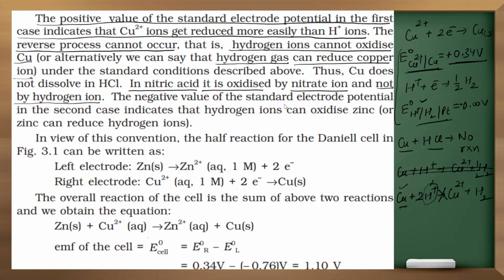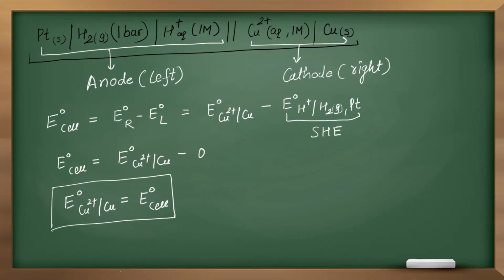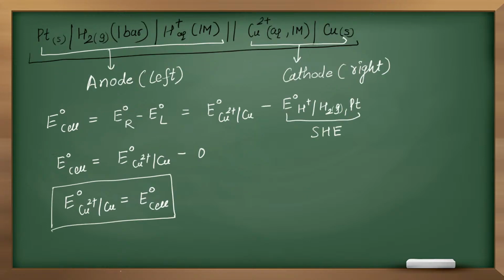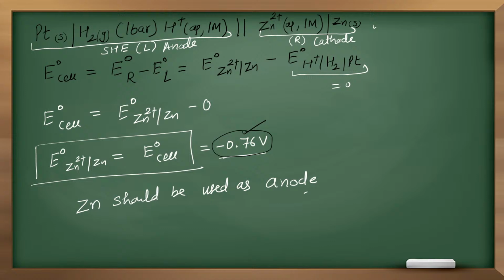So the negative value of the standard electrode potential in the second case, that is zinc, indicates that the reaction zinc 2 plus H2 to give zinc plus 2H plus cannot take place.